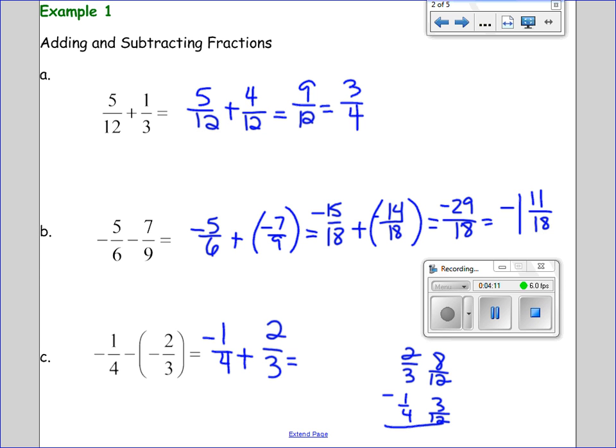Eight minus 3 is 5. Excuse me, 5/12. You can probably see that. I'll move it over here. So when we take their absolute values and subtract, we get 5/12, and our answer is going to be positive because 2/3's absolute value is greater than 1.